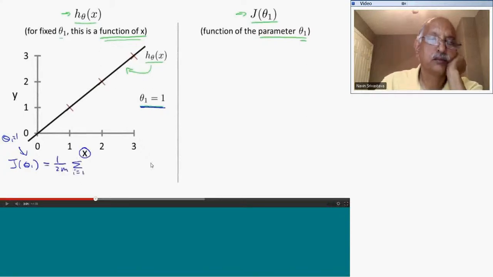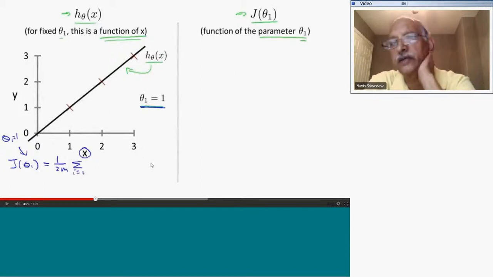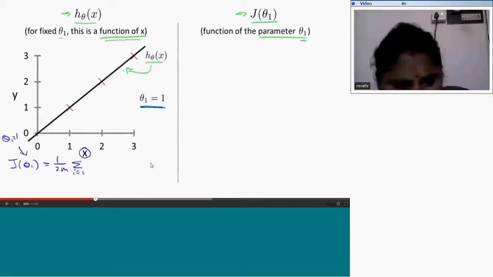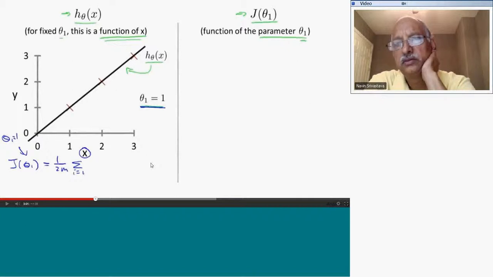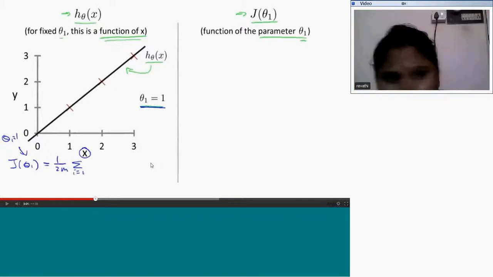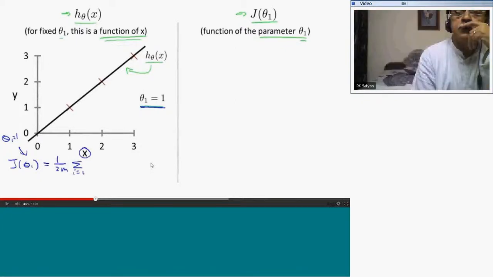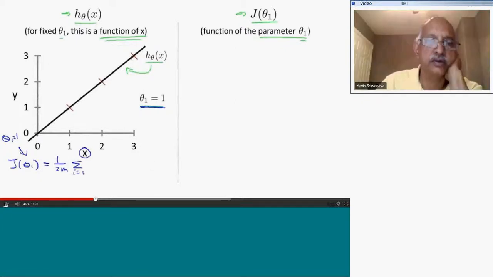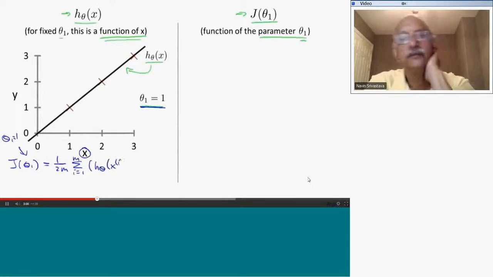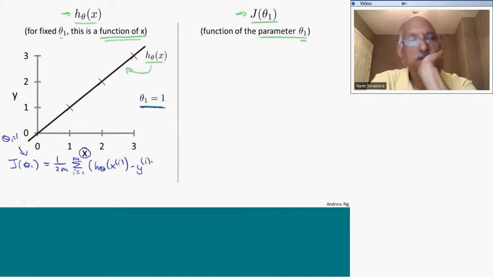It's equal to 0, because the line is exactly fitting the training set. And this is therefore equal to this.